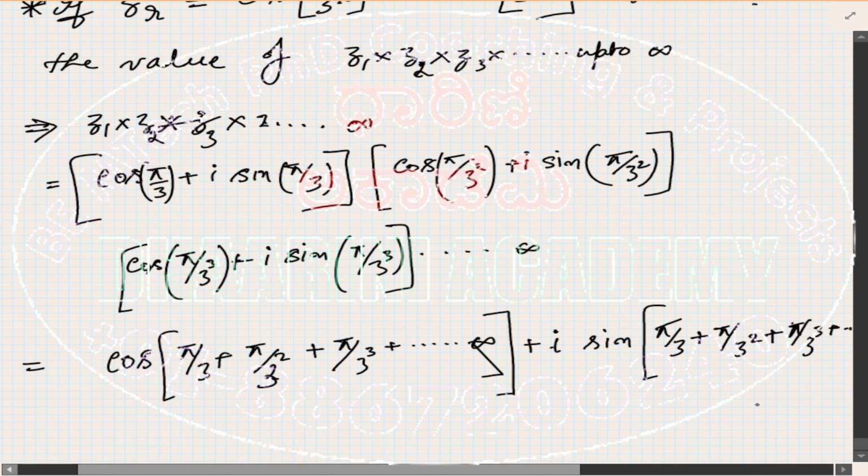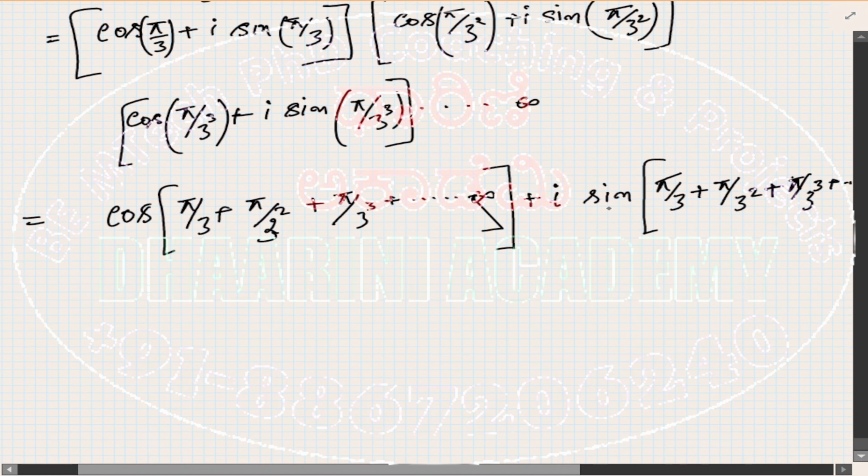The sum is the first term, pi by 3, divided by 1 minus the common ratio. What is the common ratio?